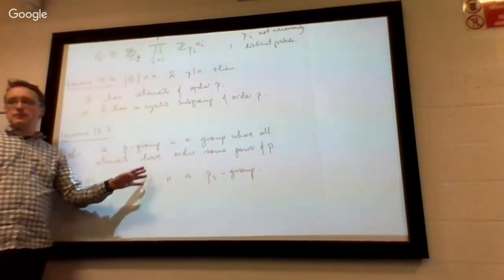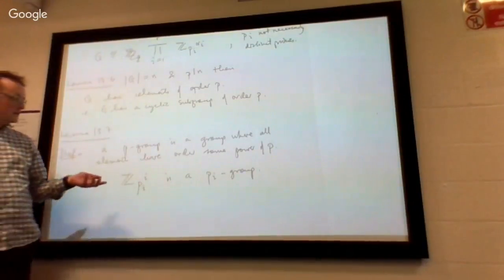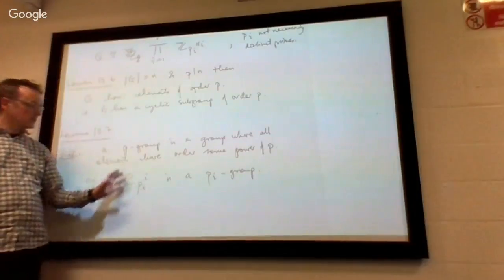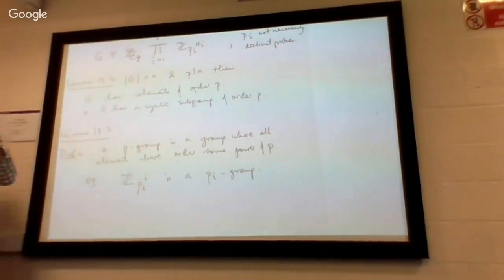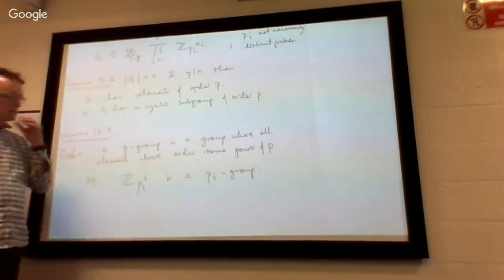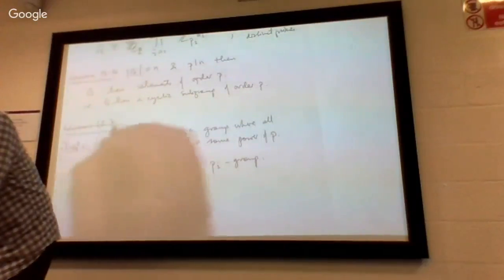The order of the group is a power of the prime, so the only possible divisors it has are smaller powers of this prime. So a cyclic group of prime power order is a p-group. You can also have direct products of these as well, but that's one example.